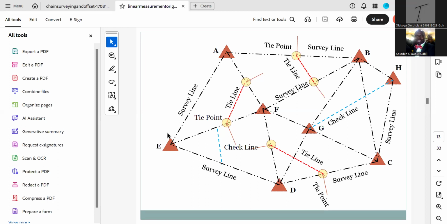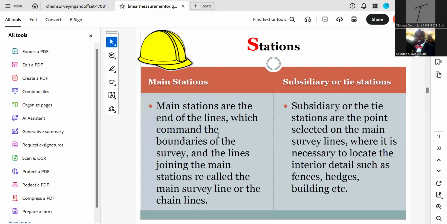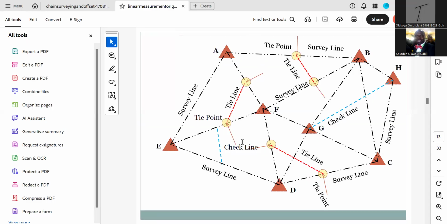The main stations are the stations that define the boundary. Look at it now, which command the boundaries of the survey line, and the lines joining the main stations are called the chain lines. So we have an issue with this diagram.